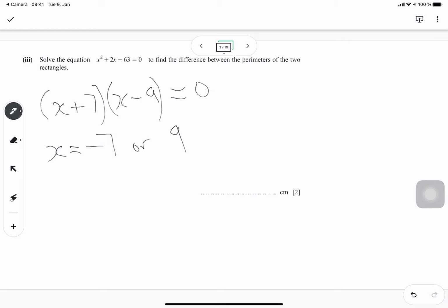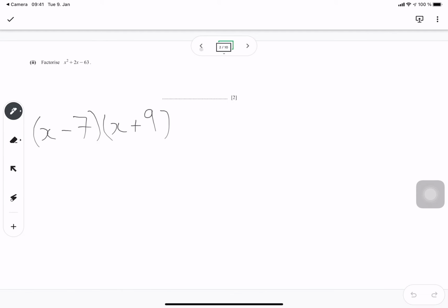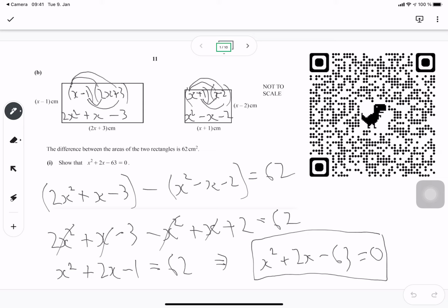But that's not what it's asking you. It's asking to find the difference between the perimeters of the two rectangles. So for that, I'm going to go back and look at the rectangles and substitute the two values in.